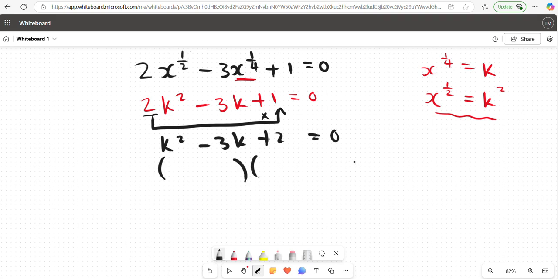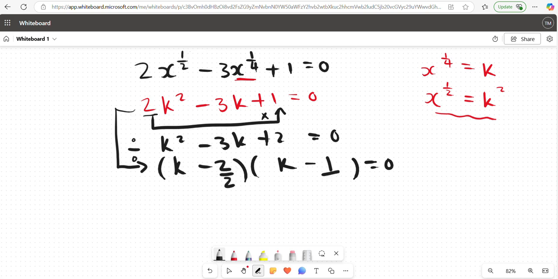I factorize these. Factors of 2 that add up to give me a 3 are a minus 2 and a minus 1. But just as much as I multiplied with the 2, I need to divide my factors inside there with the same 2. So I end up getting that. The first one simplifies, the second one does not. So I leave it like that.